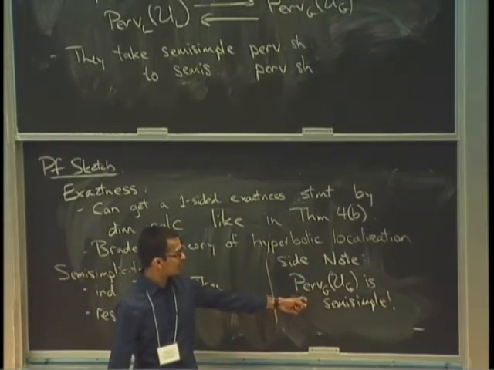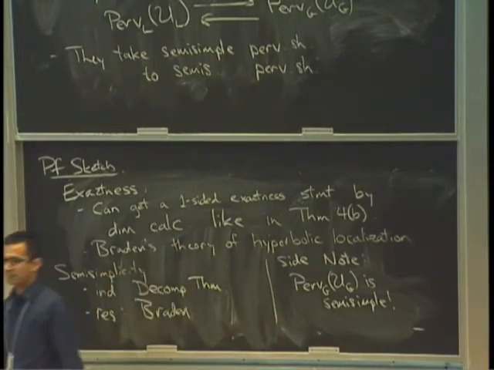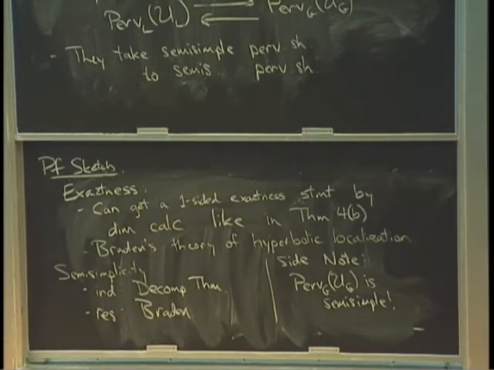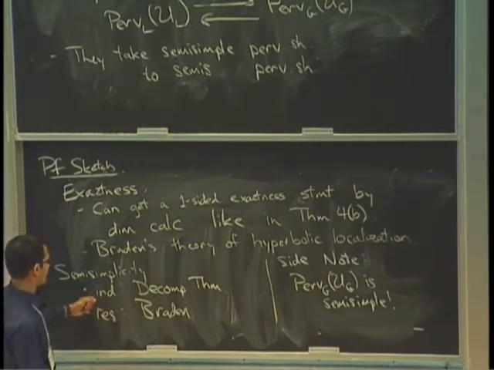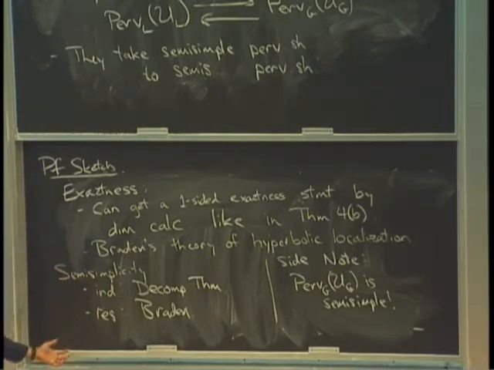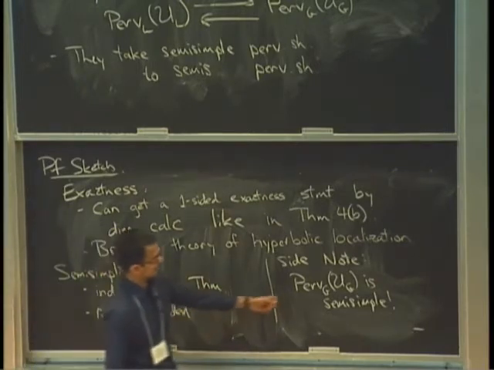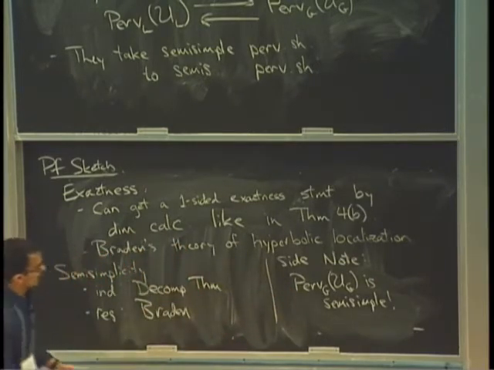In my mind, proving that this category is semi-simple is a kind of computational statement, and it's not very conceptual. But there's some big machinery that's widely used and widely available, and it's easy to see that that's the reason for it. Anyway, I think in my mind this is the reason, and this is a nice extra fact.